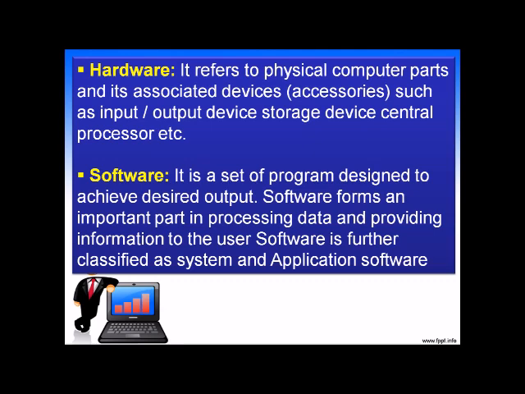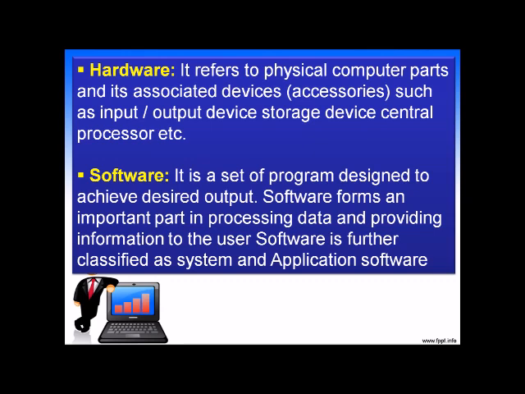Software is further classified as the system and application software. So the software is basically a set of programs to perform a particular task. We cannot see, we cannot touch, but we can feel the software. It helps for processing data and gives related information.